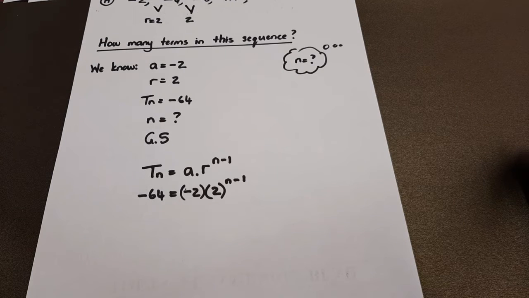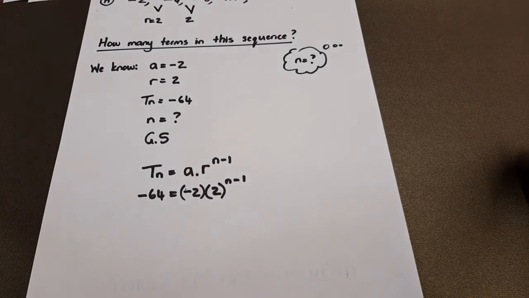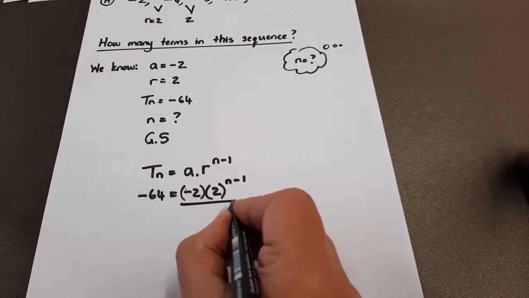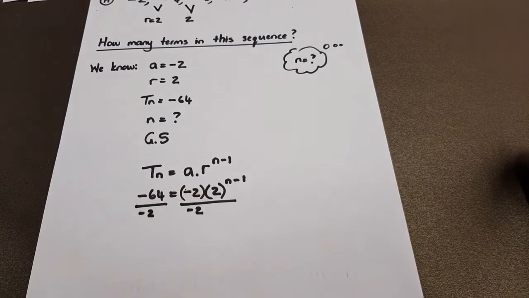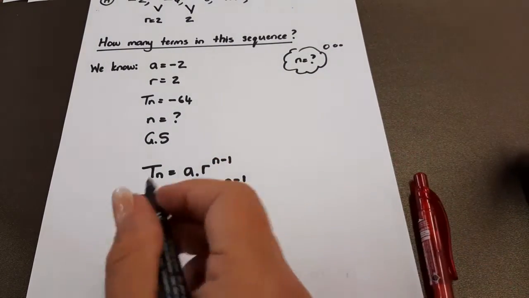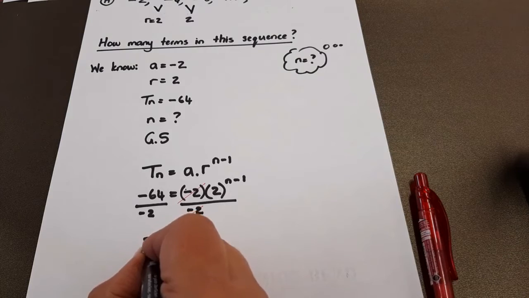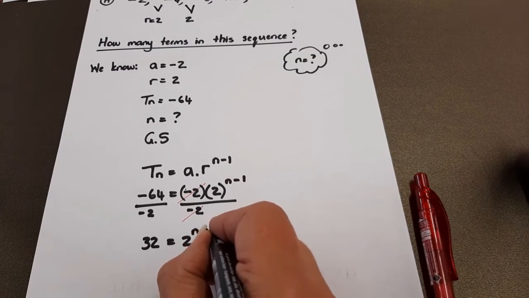So we first need to get rid of this minus 2. We're going to divide here with minus 2. What you do on the one side, you must do on the other side as well. So the minus 2's cancel out. And on this side you get 32 equals 2 to the power of n minus 1.